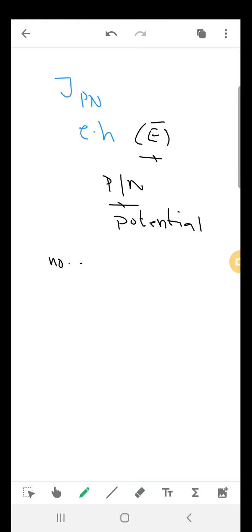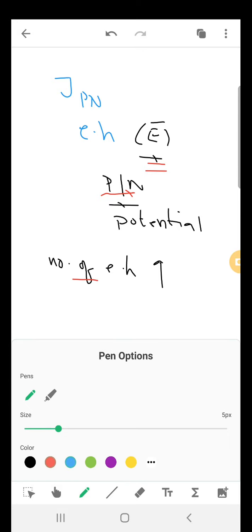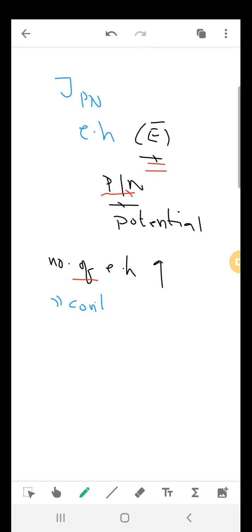As the number of electron hole pairs increases, this electric field makes some of the electrons pass through the PN junction, and those electrons that pass through this junction contribute to the current in the cell through the external load.